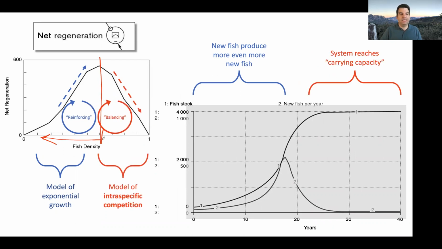But for any density greater than this peak density, we get balancing growth. The slope of this lookup table determines whether fish with more density end up producing more fish or producing less fish. So reinforcing with a positive slope, balancing with a negative slope.